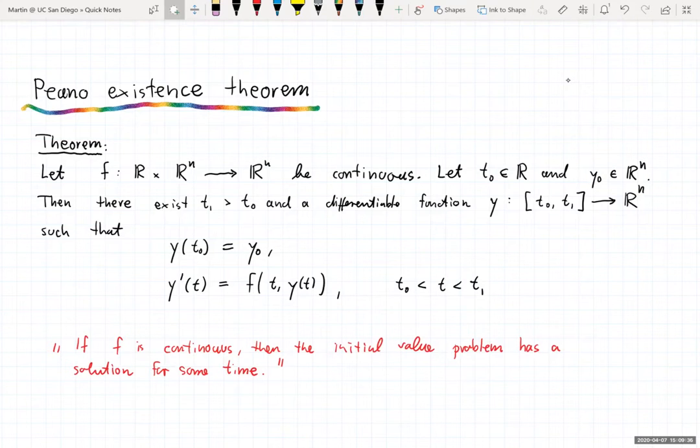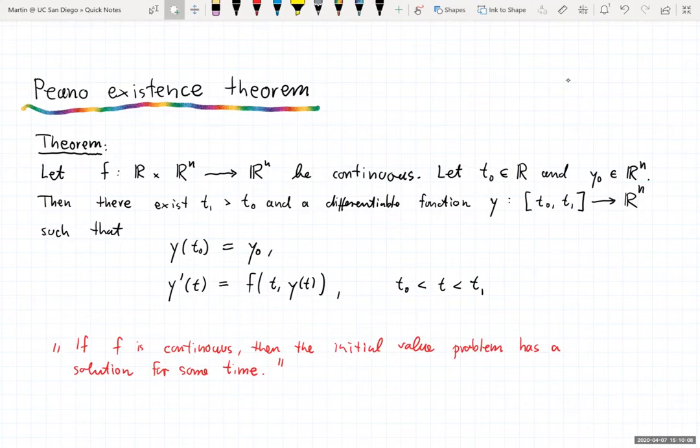The theorem states the following: let f be a function from the real numbers and R^n into R^n, and suppose that function f is continuous. Furthermore, let t0 be a real number and let y0 be a vector in R^n.